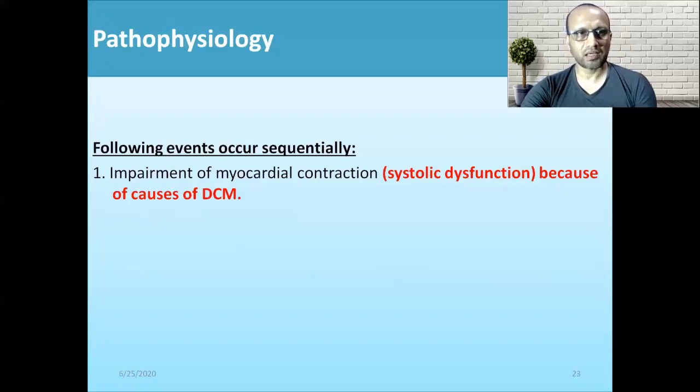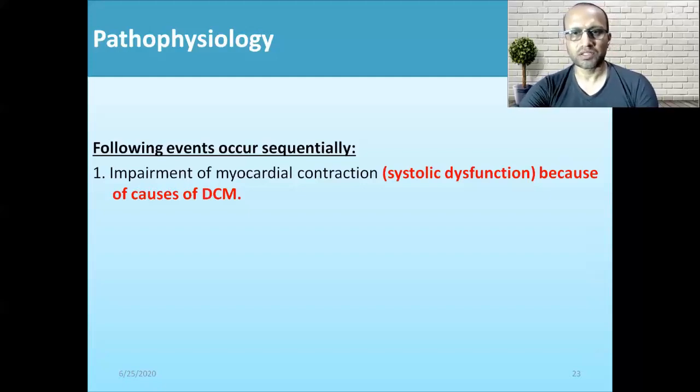Now let's discuss the pathophysiology of dilated cardiomyopathy. These are the events which occur sequentially in dilated cardiomyopathy. Number one, because of the various etiological factors, there is impairment of myocardial contraction.